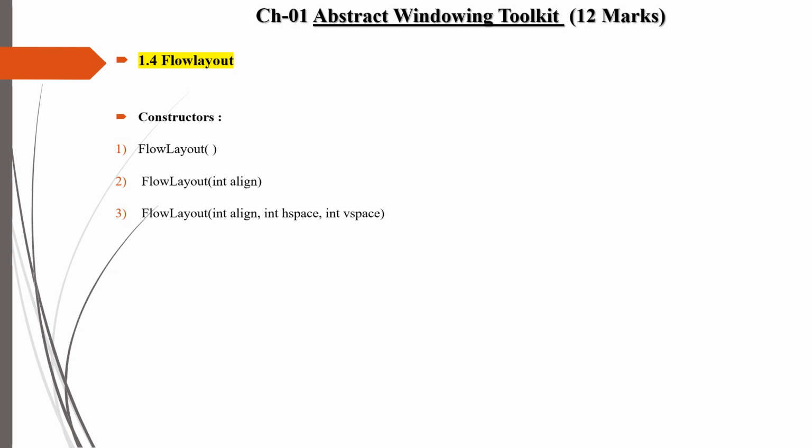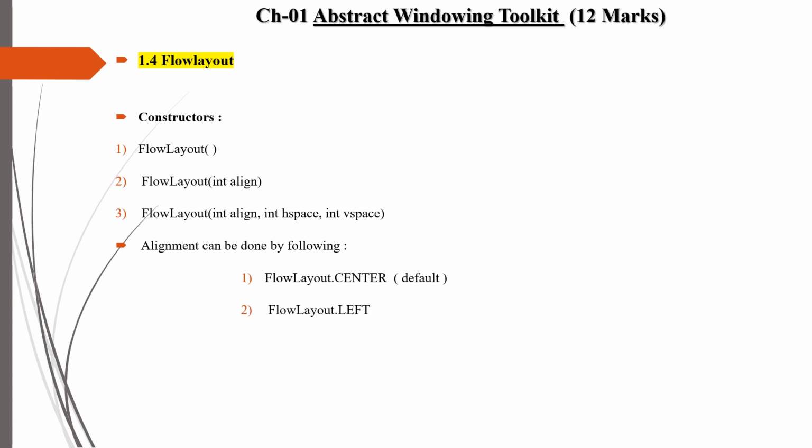The third constructor of flow layout has three parameters. The first parameter is alignment, the second parameter is horizontal space, and the third parameter is vertical space. Alignment can be done by the following. For the alignment parameter in the second and third constructors, FlowLayout.CENTER is the default for alignment.